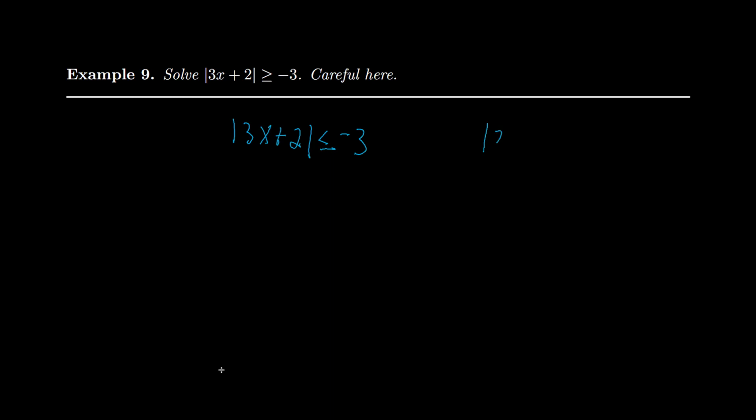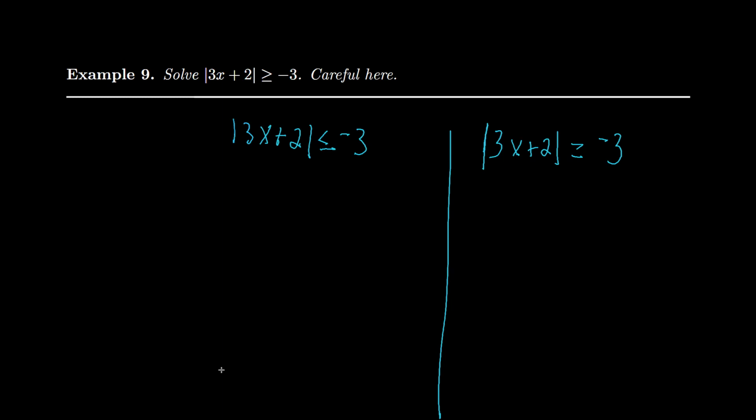Or, even more likely, let's solve another version over here as well. Again, a completely different problem. The absolute value of 3x plus 2 equals negative 3. Okay, let's look at both of these problems. This problem is solvable and has some meaning, though it's a strange thing to ask because, of course, this is going to be greater than or equal to 0, in fact, not just negative 3.